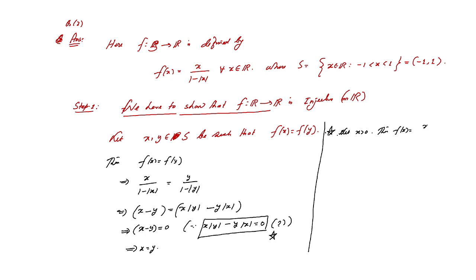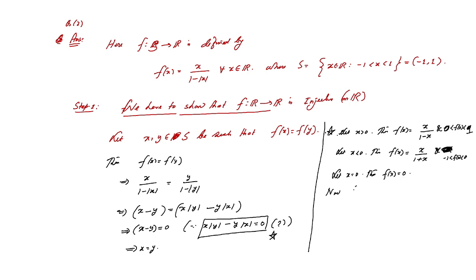Our f(x) will be x by 1 minus x, and in that case the range of f(x) will be 0 to 1. And let x less than 0, then f(x) will be x by 1 plus x, and in that case the range of f(x) is minus 1 to 0. If we take x equals 0, then f(x) equals 0.